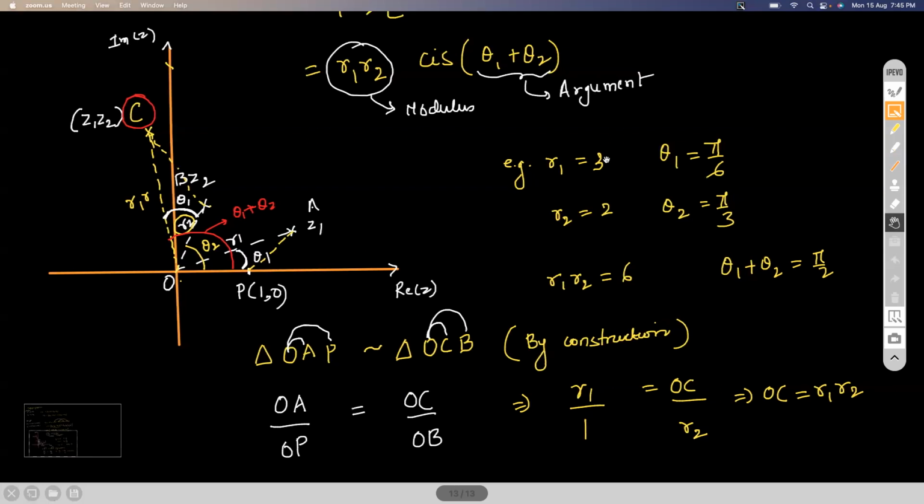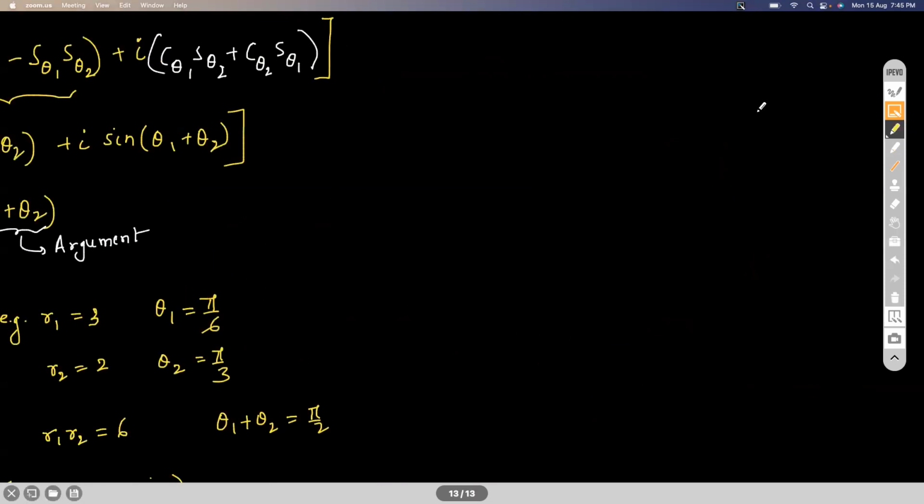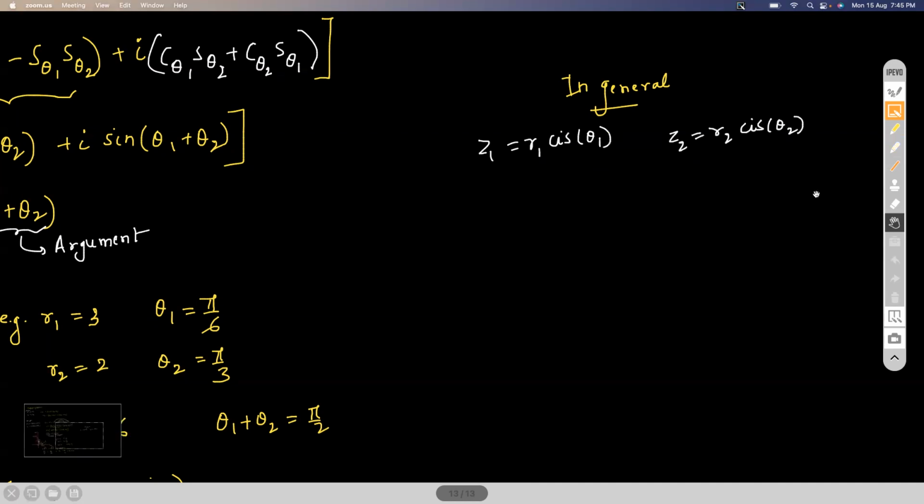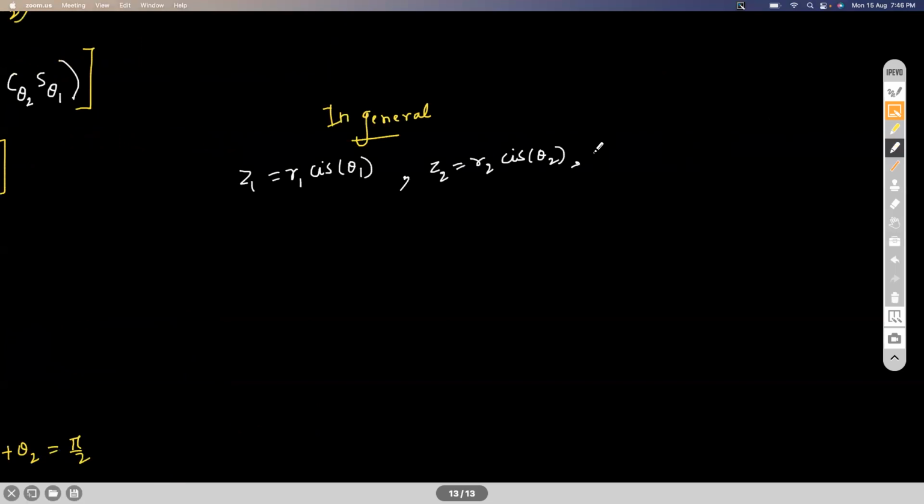Okay. So here is an interesting fact. When you have several complex numbers like this, Z1, Z2, and so on, let's say till Zn, each in cis theta form, and you are multiplying them all, then what do you actually get?